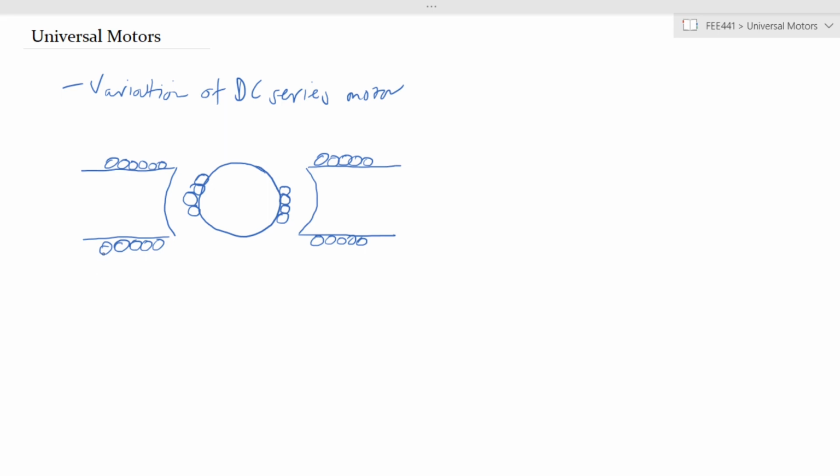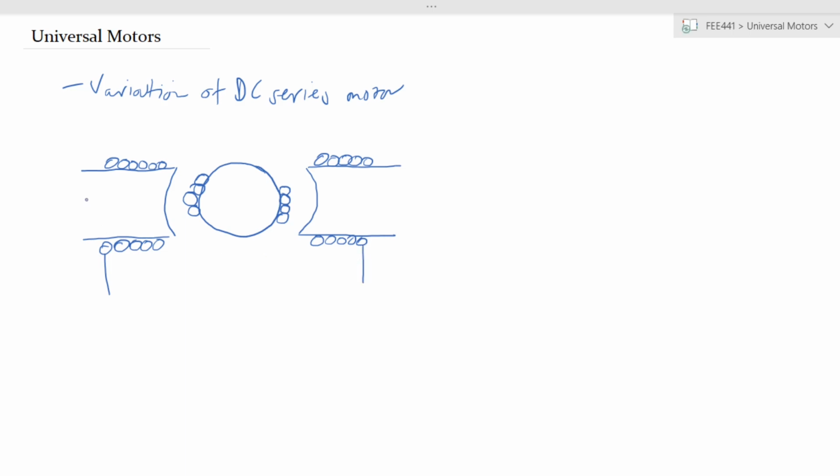So this represents the construction and the connection of universal motors, whereby the round circles represent windings or connections that you make in either the stator or the rotor, that is the field or the armature.